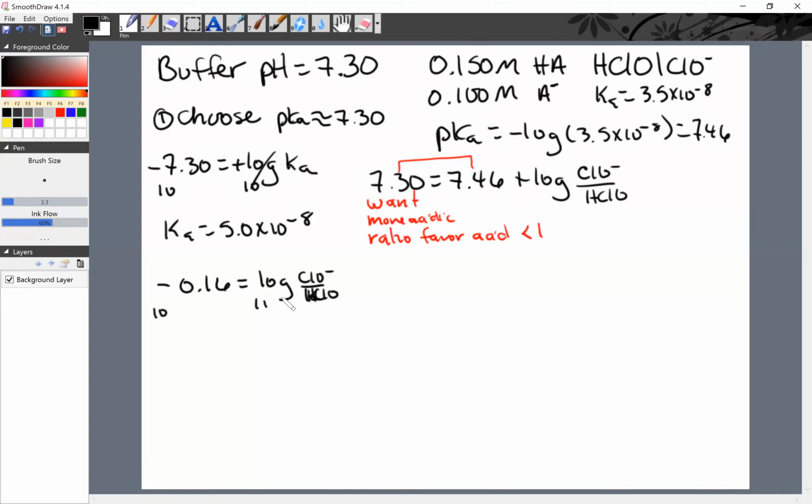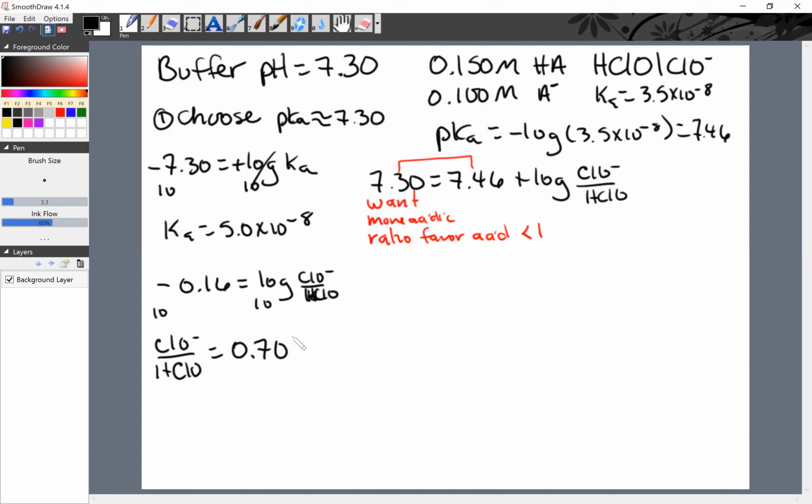I'm going to take the anti-log of both sides, and my ratio is going to be 0.698, so 0.70. And I did expect a ratio that was less than 1, so that one looks okay.